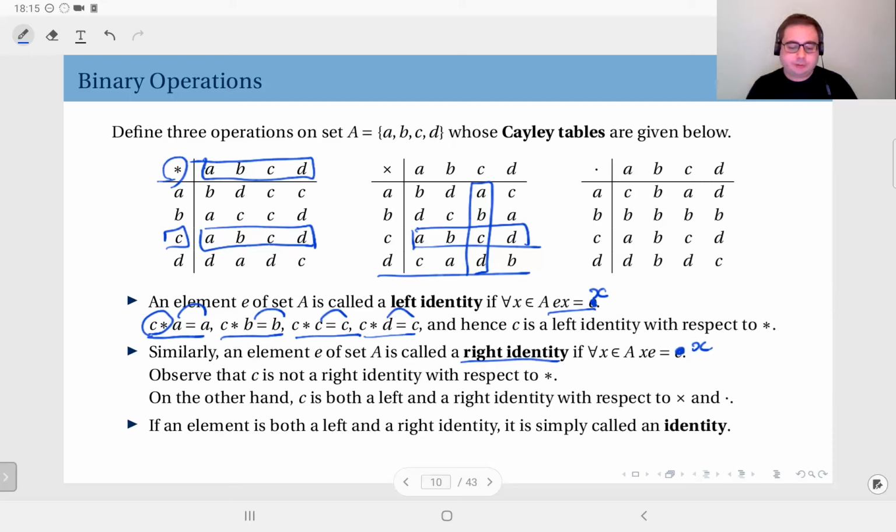This means with respect to this operation, C is both a left identity and a right identity. If that is the case, we call this element simply an identity. How about this one? C, as you see, is a left identity, and it's also a right identity.